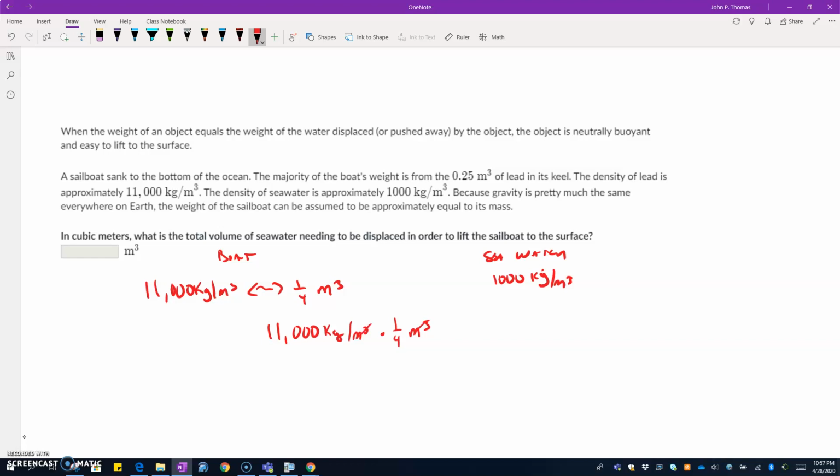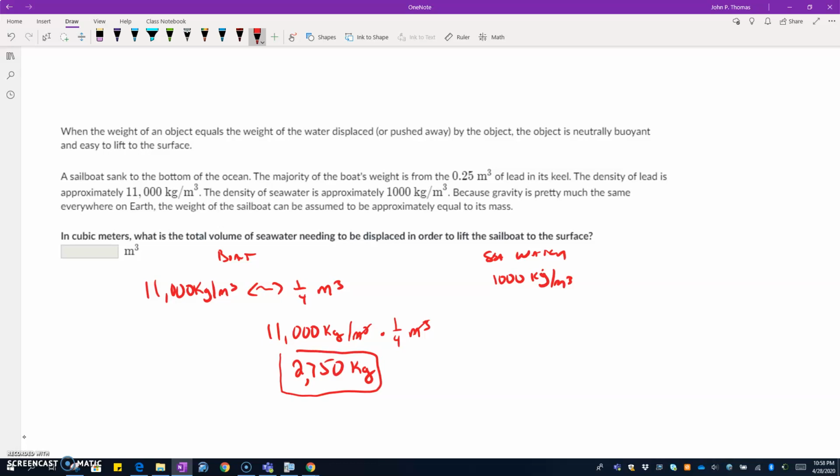If I take 11,000 and divide that by 4, I get 2,750. The only units that would be left would be kilograms. So roughly we're going to say that the boat weighs approximately 2,750.